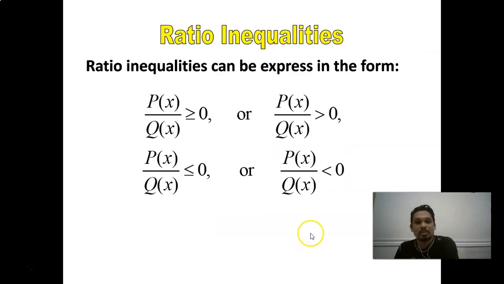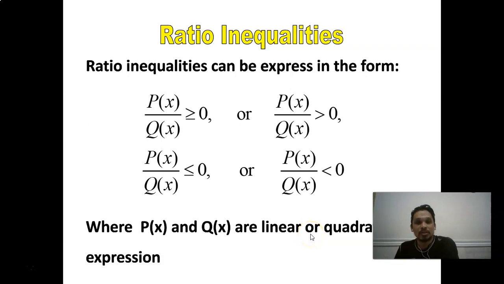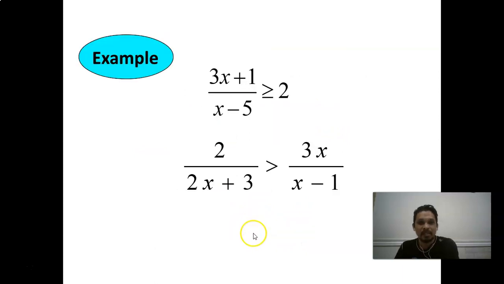Rational inequalities can be expressed in the form as you see on the screen now. I do hope that all of you refer to your lecture notes, where all this is stated. These are examples of rational inequalities that involve a linear function.